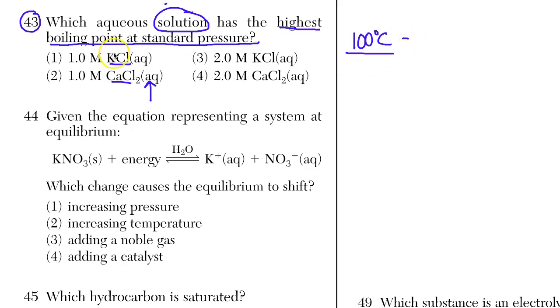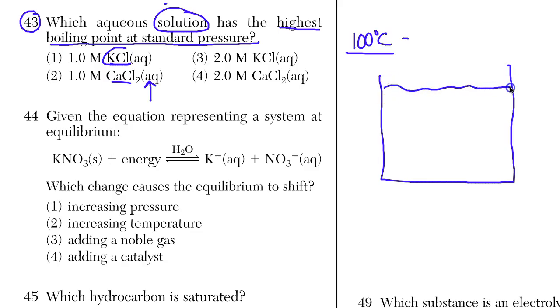Now, when you add solute particles, they get in the way. So if I've got a container and I've got the fluid level here, that's basically where the water can leave from, and we have, let's say, water molecules. I'm just going to make circles here for water molecules. And we know that water molecules attract each other by H bonding, or intermolecular forces of attraction.